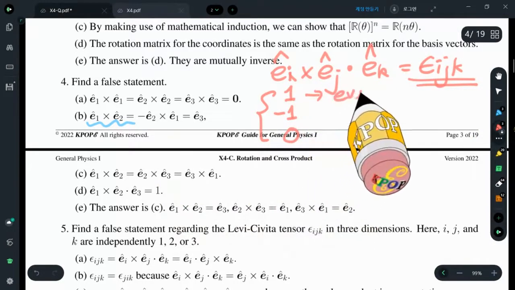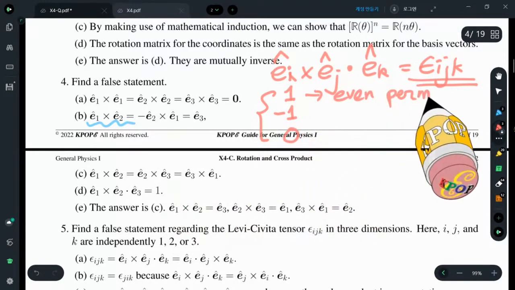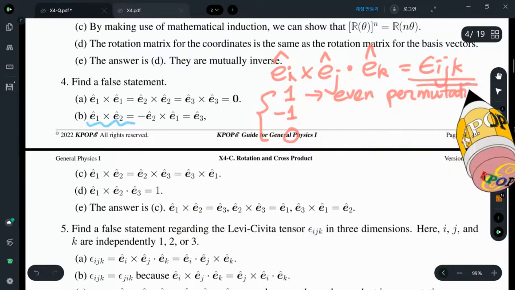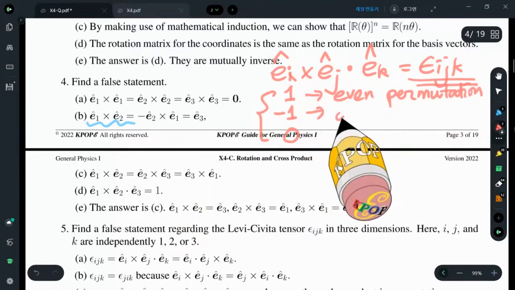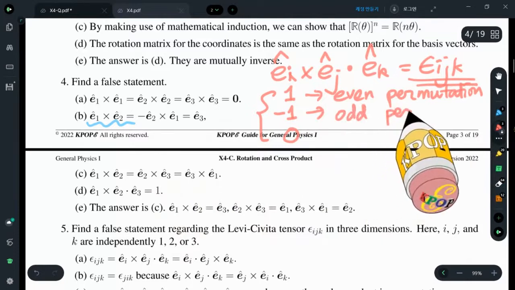This is an even permutation, and this is an odd permutation.